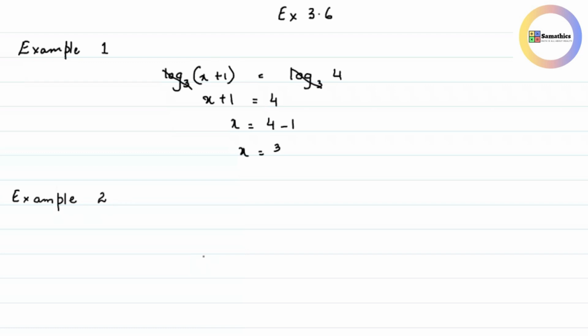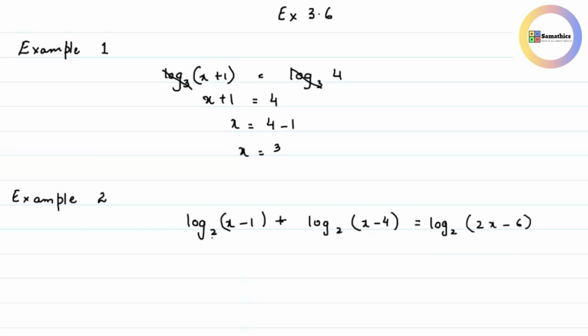Now, if you have log to the base 2 of x minus 1, plus log to the base 2 of x minus 4, and is equal to log to the base 2 of 2x minus 6. Now here all the logs must be of the same base, right? So we have all the logs of the same base.